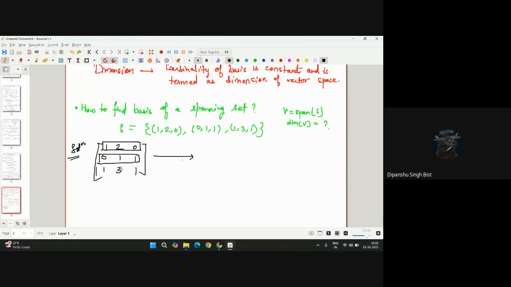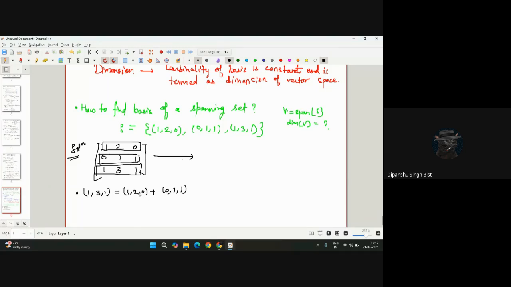I'll tell you why we are taking them as rows. 1 3 1 can be represented as 1 2 0 plus 0 1 1. This was easy to spot here, but if you have multiple vectors, it's not very easy to spot.